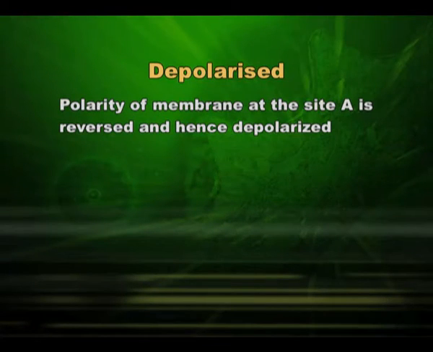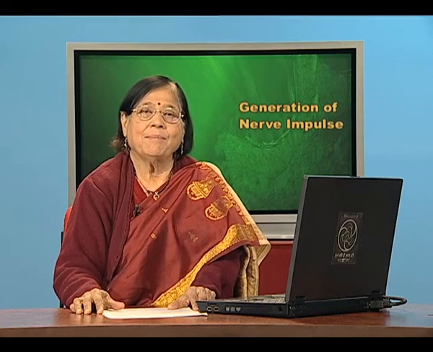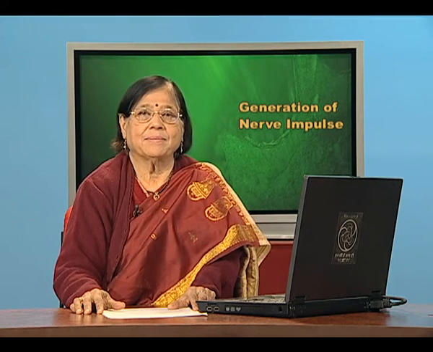So, students, I am sure you have understood what is meant by depolarized condition. Polarity of the membrane at site A is reversed, hence depolarized, and I am sure you have also understood the importance of the depolarized condition in this particular case, because a stimulus can move only by making the membrane depolarized.